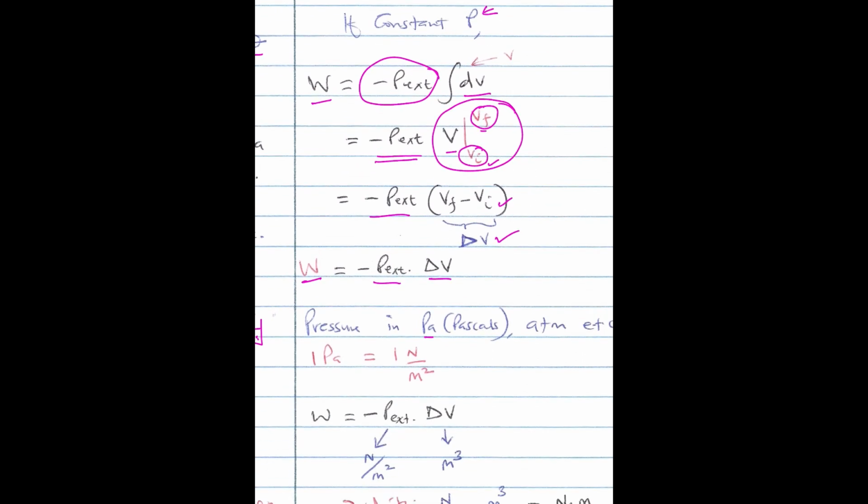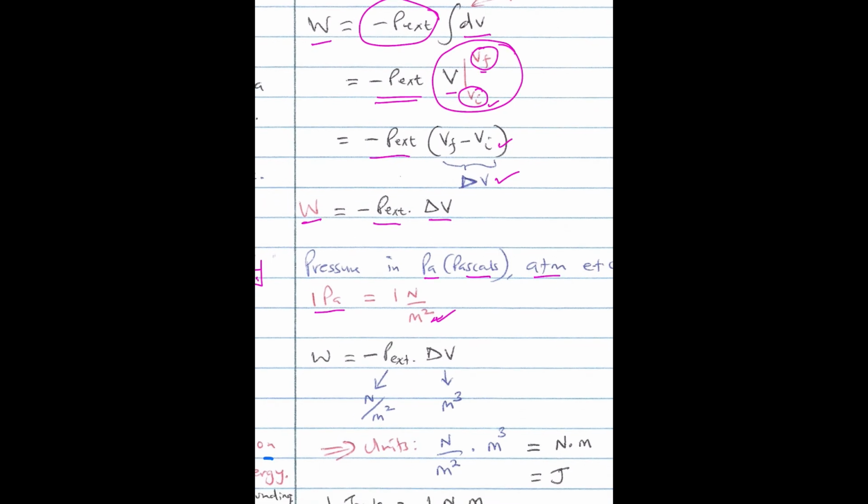Pressure is measured in Pa, which is pascals, or it can also be measured in atmospheres. 1 pascal, 1 Pa equals 1 Newton per meter squared. Work equals minus P external times the change in volume, and we've said that the unit of P external is 1 Newton per meter squared.